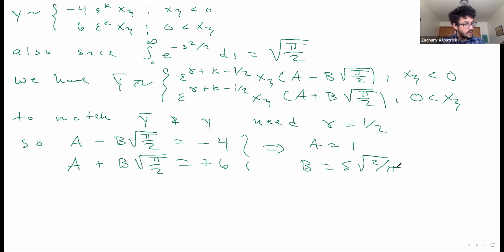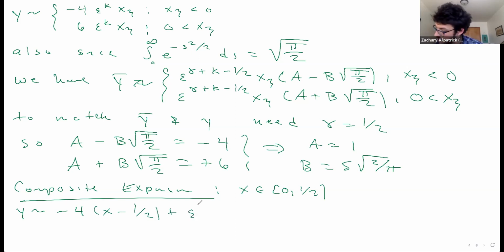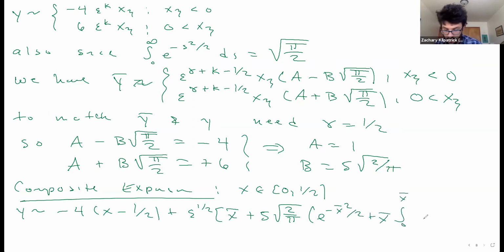So the composite expansion, just to wrap up, is going to be, for let's say x goes from 0 to a half, we'll have y is approximately minus 4 x minus a half, that's our outer solution, plus epsilon to the 1/2 x bar plus 5 square root of 2 over pi e to the minus x bar squared over 2 plus x bar integral from 0 to x bar e to the minus s squared over 2 ds, plus 4 epsilon to the kappa x eta.